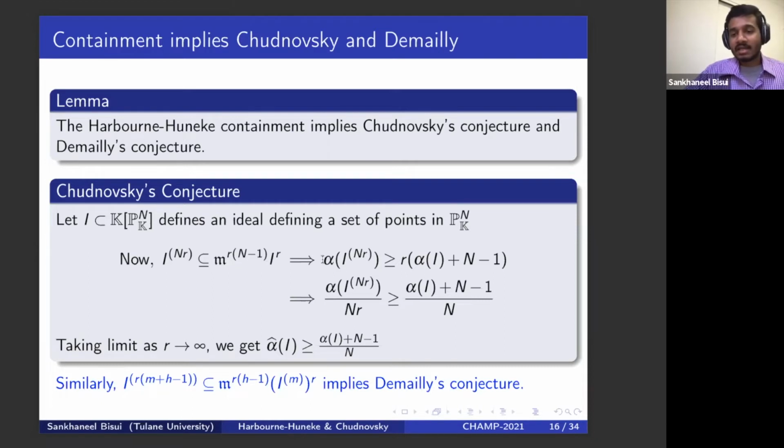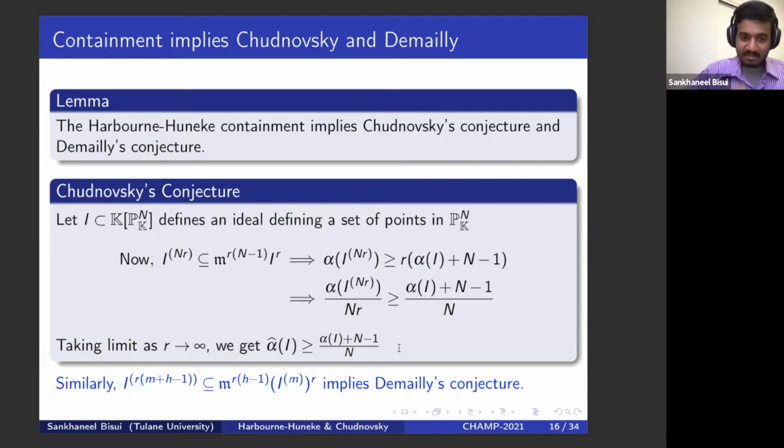Then if we take the initial degree on both sides, we will get that the initial degree of the (Nr)-th symbolic power is at least r times alpha(I) plus r(N minus 1). Then if we divide by Nr on each side and take the limit as r goes to infinity, we will get back the statement of Chudnovsky's conjecture, meaning the Waldschmidt constant alpha hat of I is at least (alpha(I) plus N minus 1) over N.